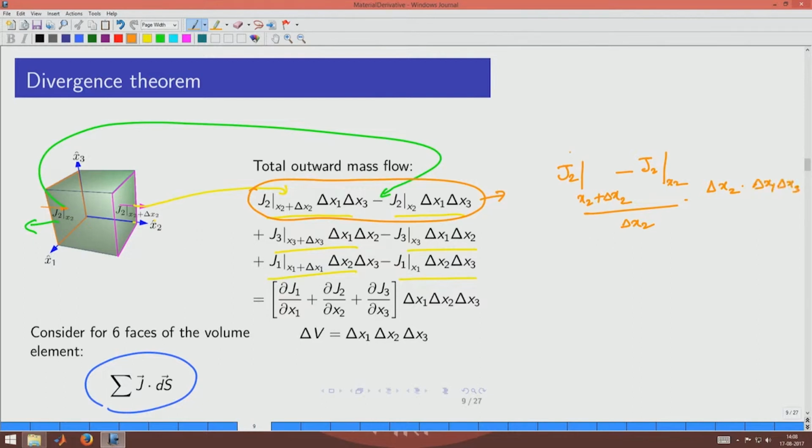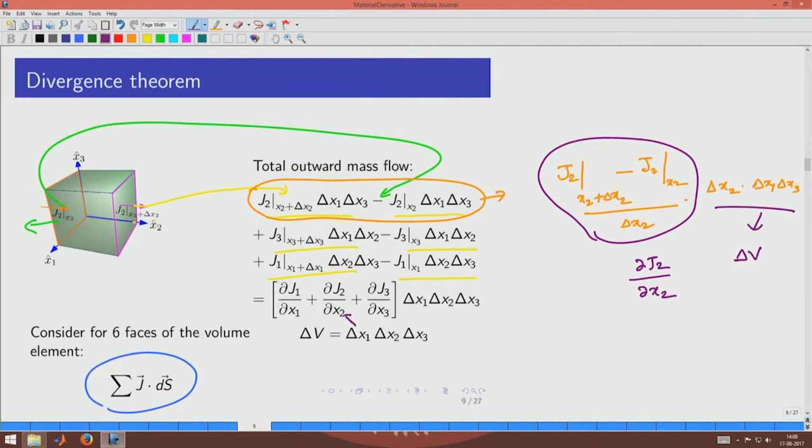So, which means that we now have a way by which we can combine these, and for a very small control volume this would then look like this, and this is delta V. So, that is what we have written here.